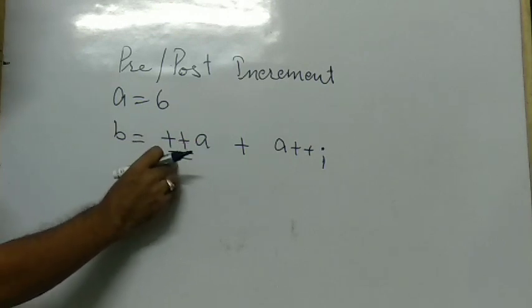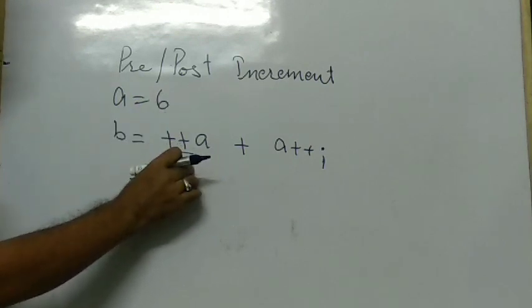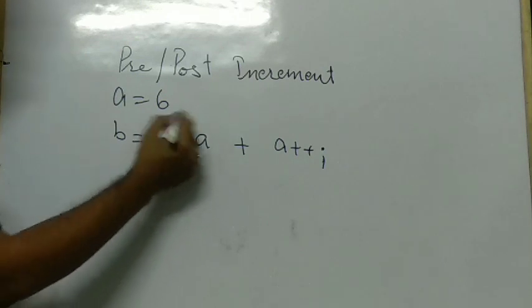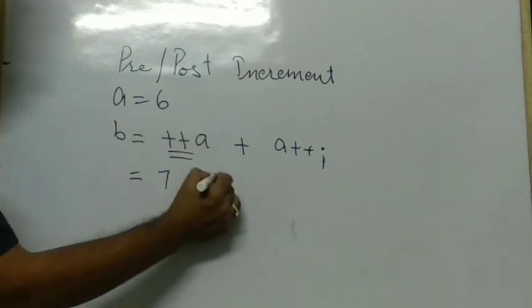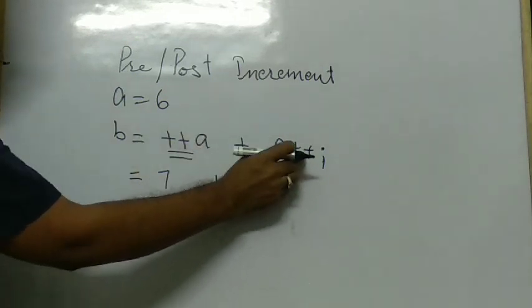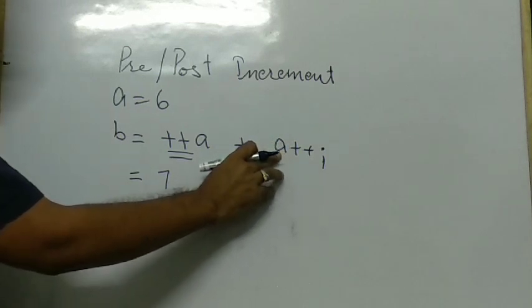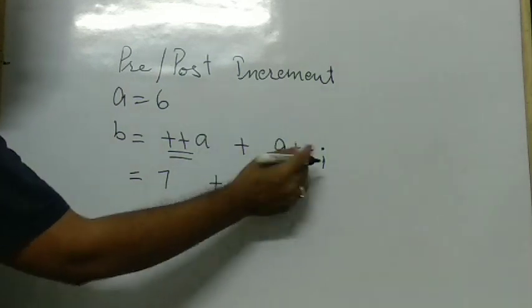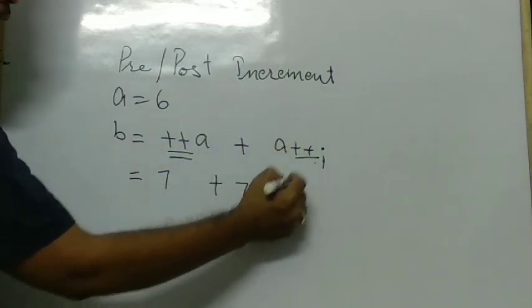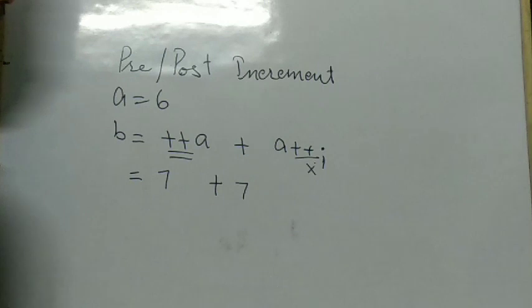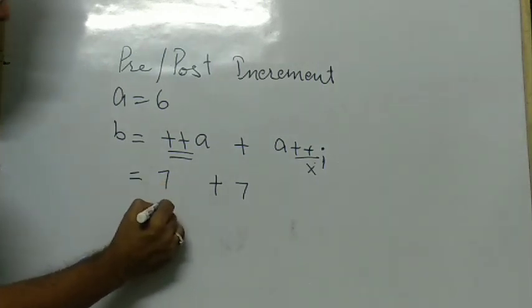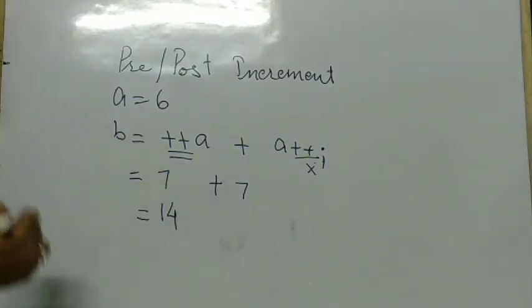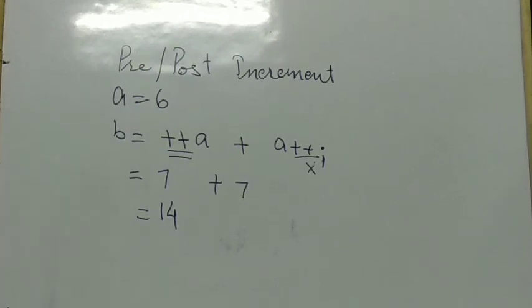Process, then read. So firstly we increase the value by 1, that is 6 plus 1 is 7. Here, what is this? Post-increment. First the value of a is 7, then increment, so here this one has no effect. So it is 14. Okay, so this one is pre-increment.